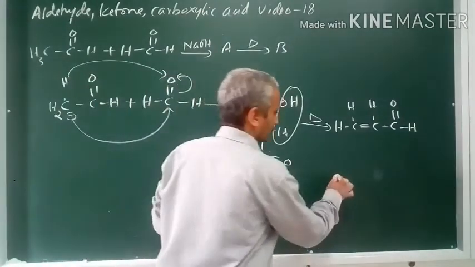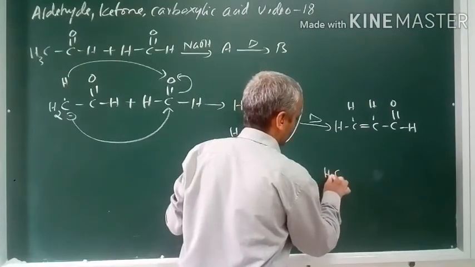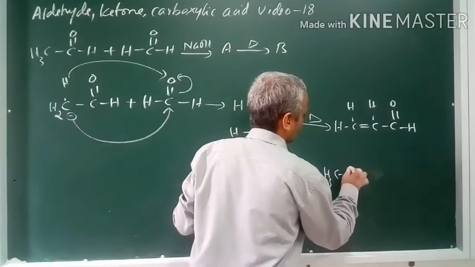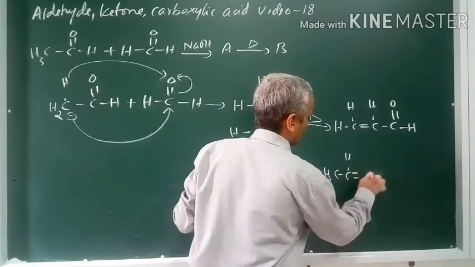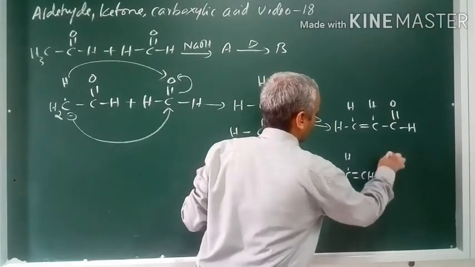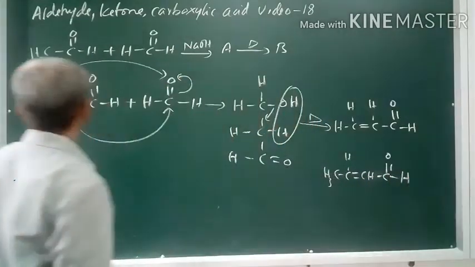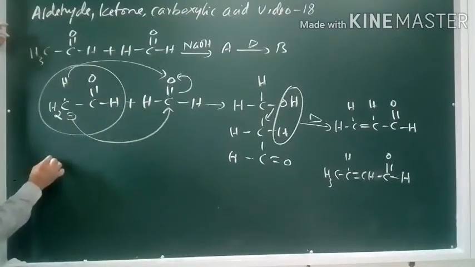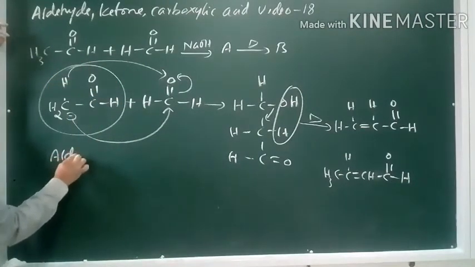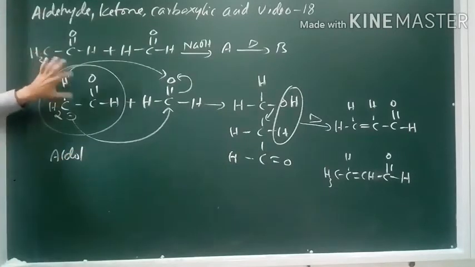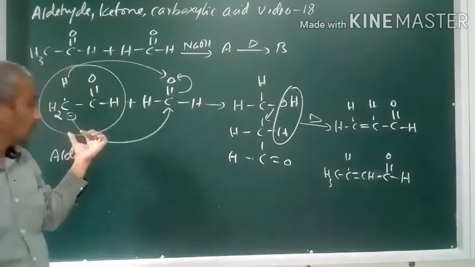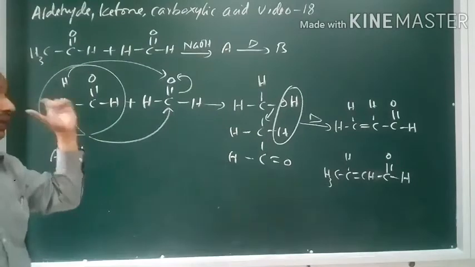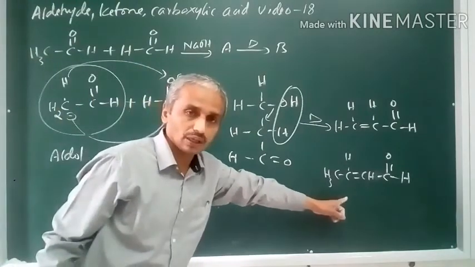I am saying CH3CH double bond CHO also will be there, because this molecule can go for simple aldol condensation also, not cross aldol. They themselves can go for aldol condensation.